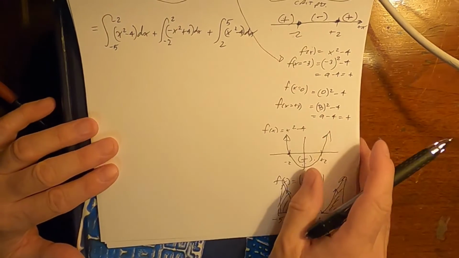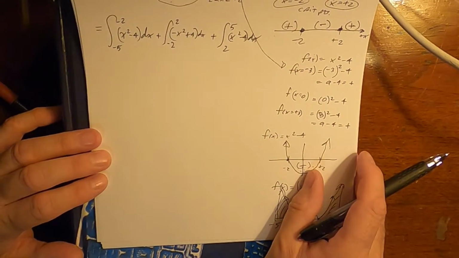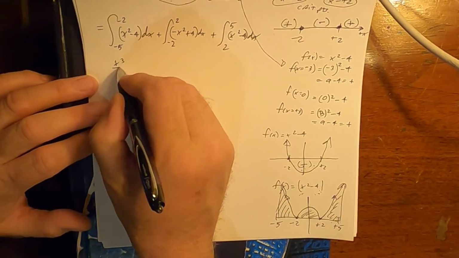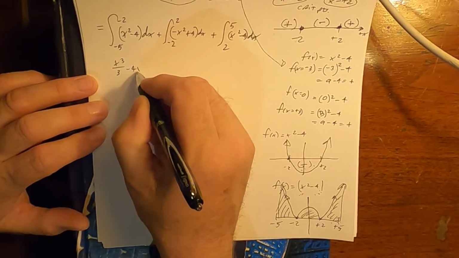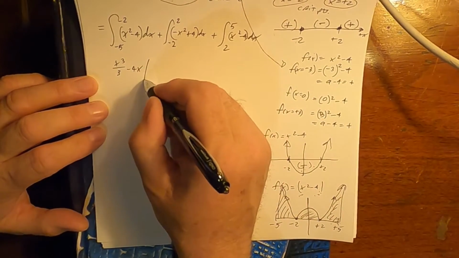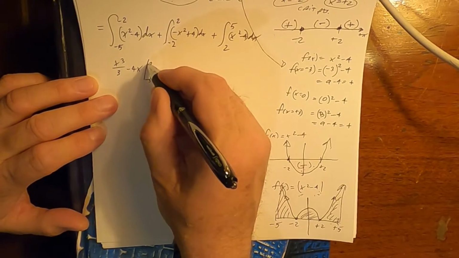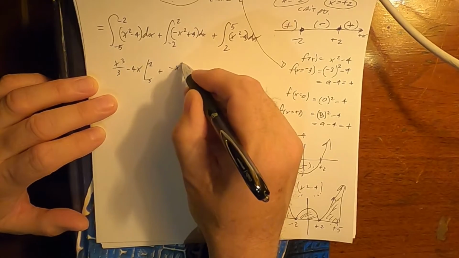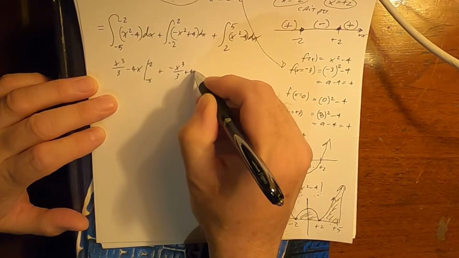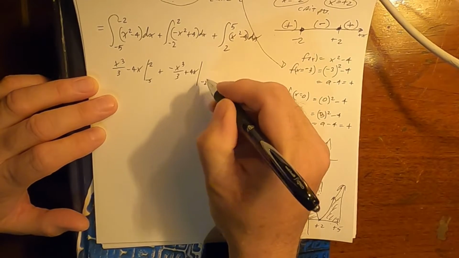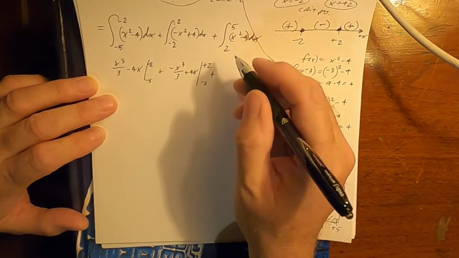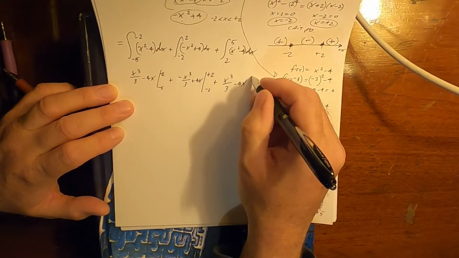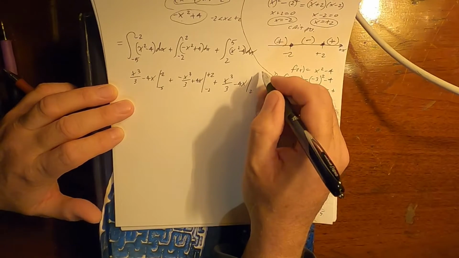Now I'm going to run the numbers on this and do the integration. Here I get x to the third over 3 minus 4x between -5 and -2, and then plus minus x to the third over 3 plus 4x between -2 and +2, and then plus x to the third over 3 minus 4x between 2 and 5.